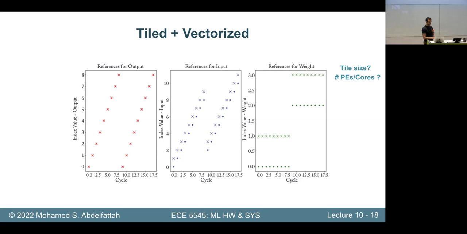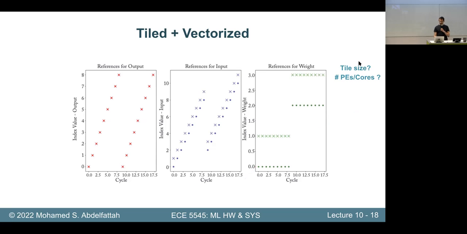So now for our same code, for a tiled and vectorized version, this is what the space-time diagrams would look like. You see at each time instance, we're fetching two inputs because we're doing operations on two elements at a time.